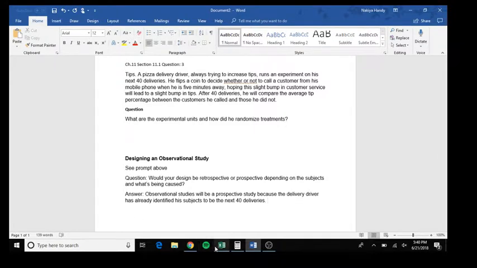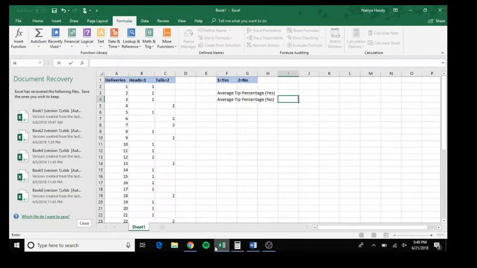Now with the randomized experiment, we're going to use our subjects for treatments. But first, I have to identify one explanatory variable called the factor, which is going to be the randomization with the deliveries. And my response variable is what I'm going to measure, which will be the randomization of the coin flip with the deliveries.